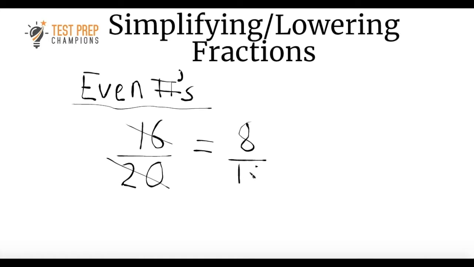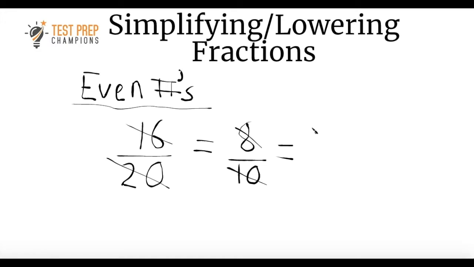So note that we started with 16 over 20, we divided both by 2, but now we still have 2 more even numbers. We've got an 8 in the numerator of our fraction and a 10 in the denominator. If you're not sure what I mean by numerator and denominator, just know that the top number in the fraction is called the numerator, the bottom number is called the denominator. So we have 2 more even numbers, so we can again divide them both by 2.